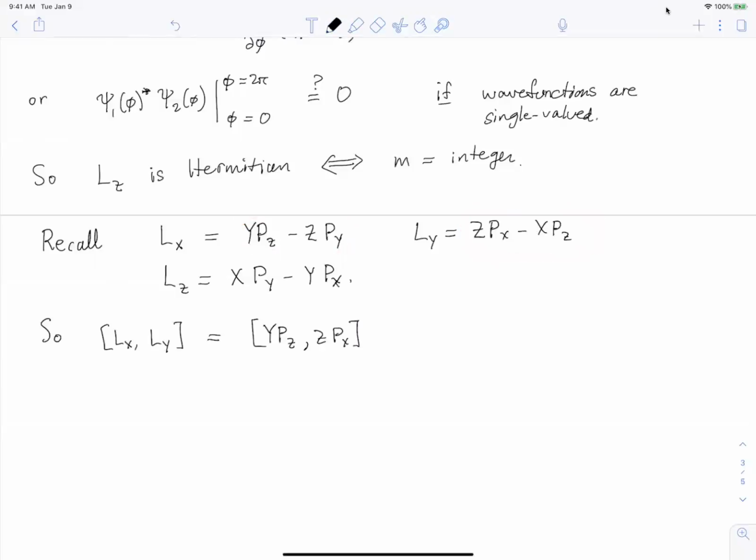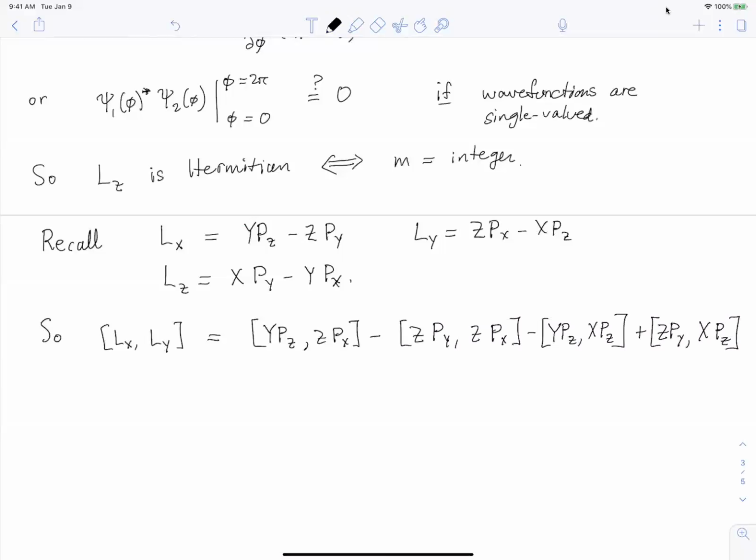The other terms are minus the commutator of z p sub y with z p sub x, minus the commutator of y p sub z with x p sub z, and finally the commutator of z p sub y with x p sub z.